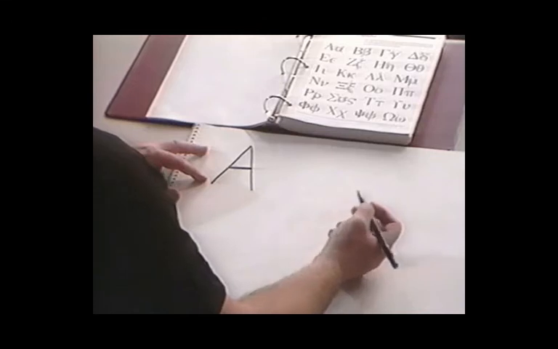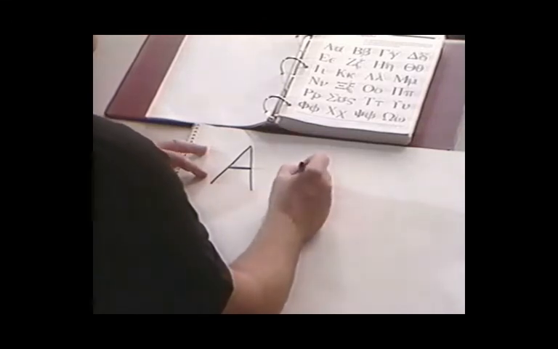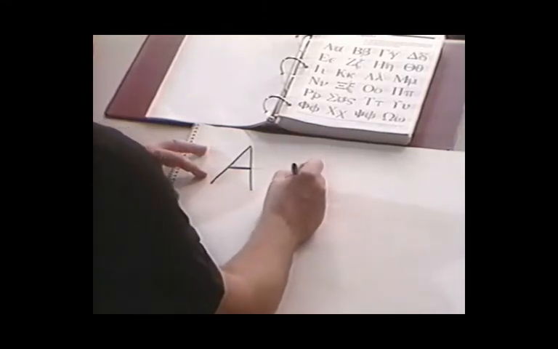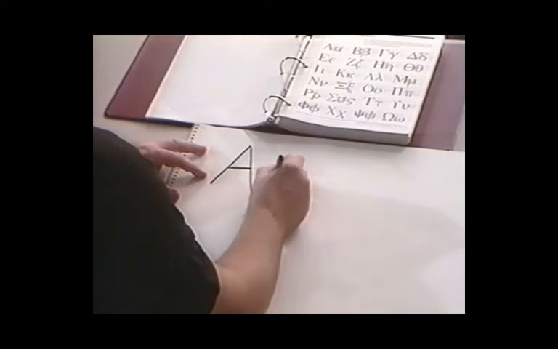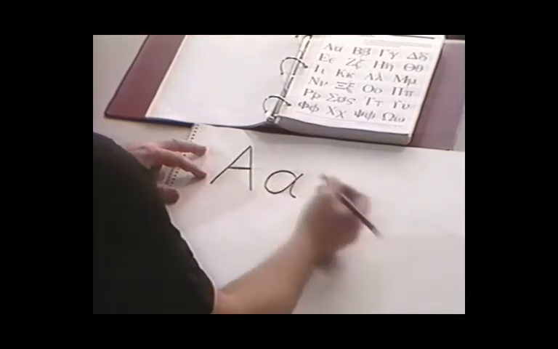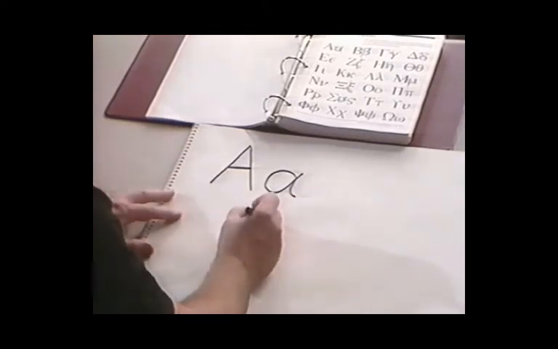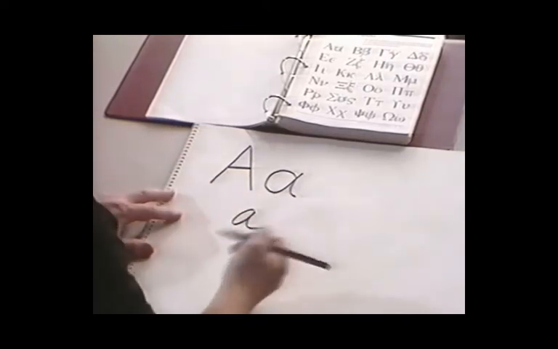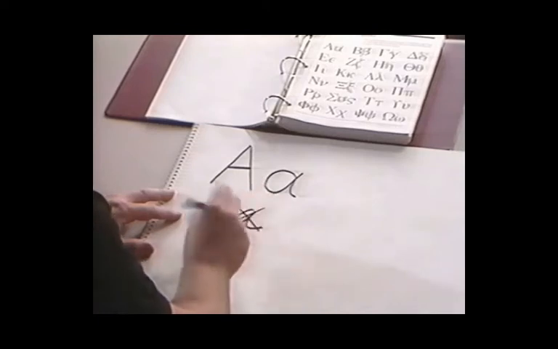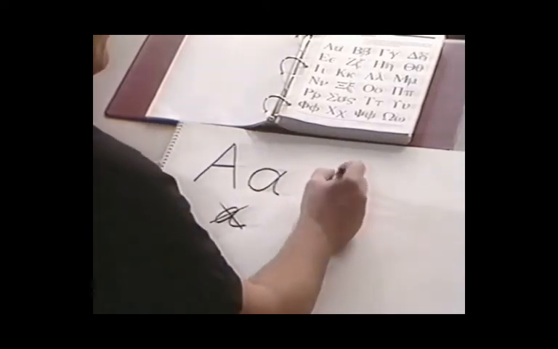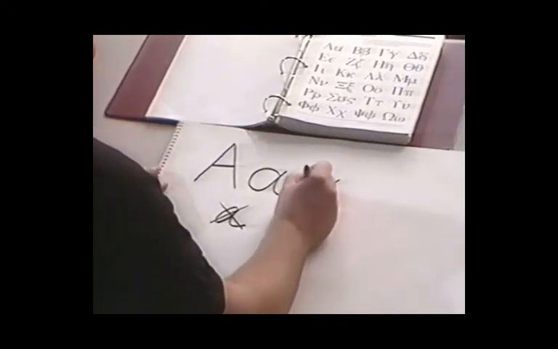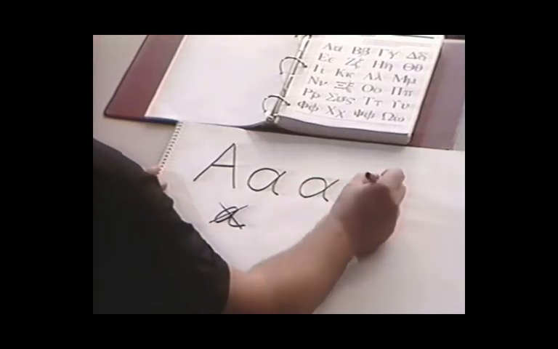The lowercase alpha, however, is made like this. One thing you don't want to do with this letter is to draw it like an English a. Do not do it that way, but rather just like that.